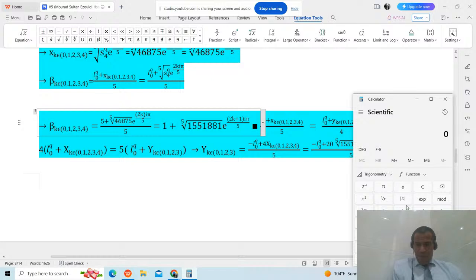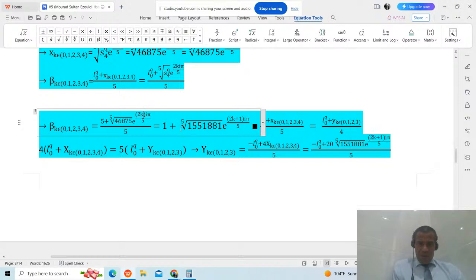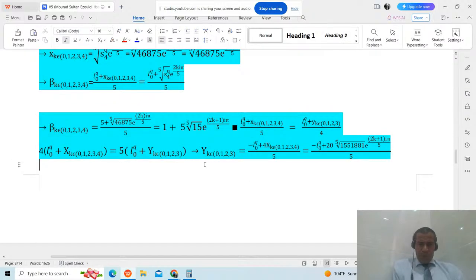Now I will make 46875 divided by 5 raised to the power 5. This one equals 15. So now this is 5, this is 15. So the last answer is that.